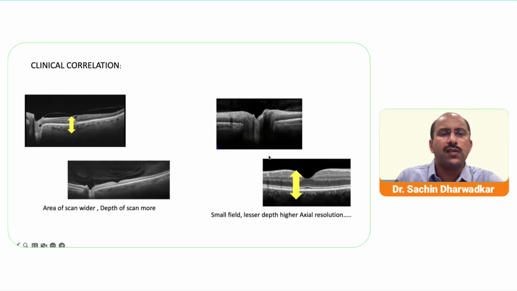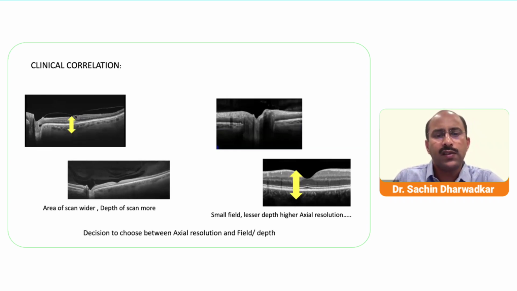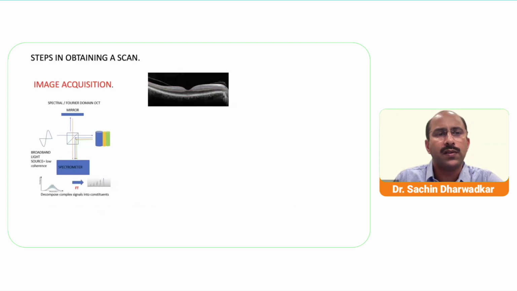So these are the ways the images look different when you see them in clinical practice, but by and large they'll give you a judgment of what you can expect if you buy a swept source or a spectral domain machine. So the decision depends on whether you require the field or depth, or whether you are more concerned about the axial resolution.